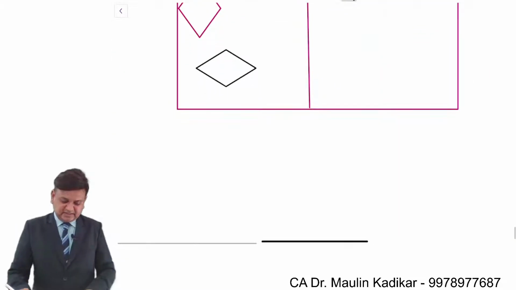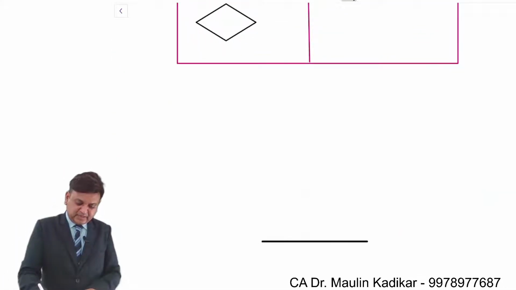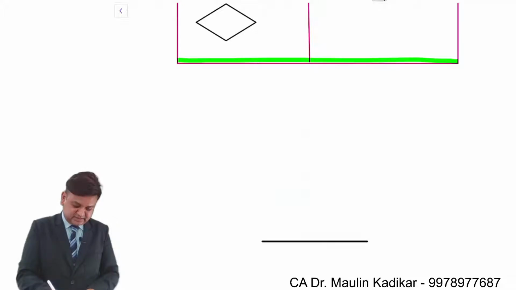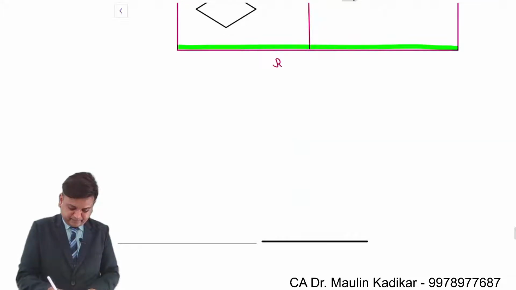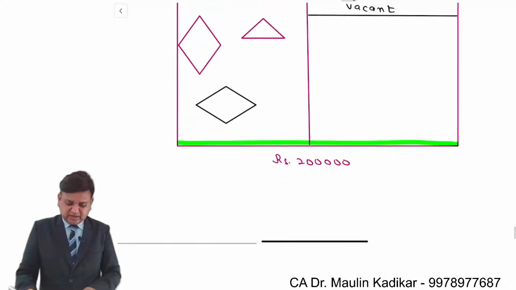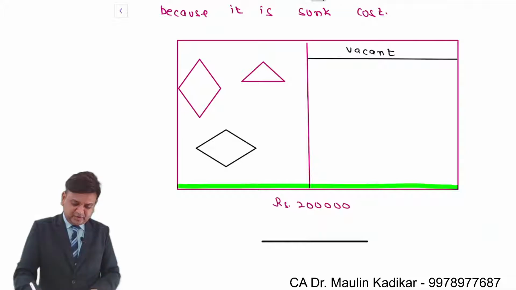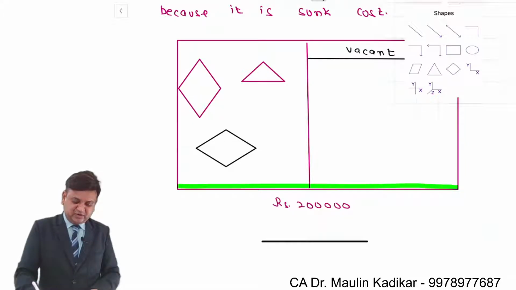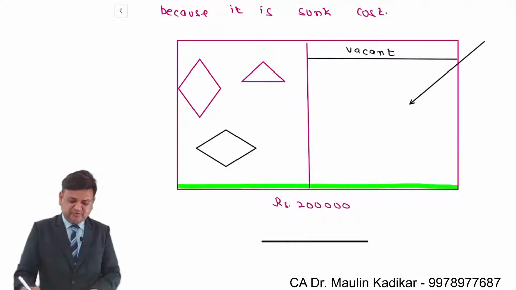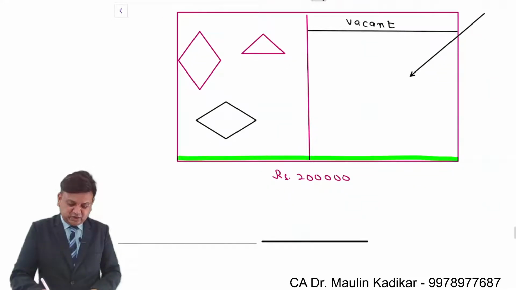So this entire factory has a rent of rupees 2 lakhs. Now there is an offer to us wherein we have been offered that if at all you give this portion of the factory on rent to us, then we are ready to give you rupees 25,000.